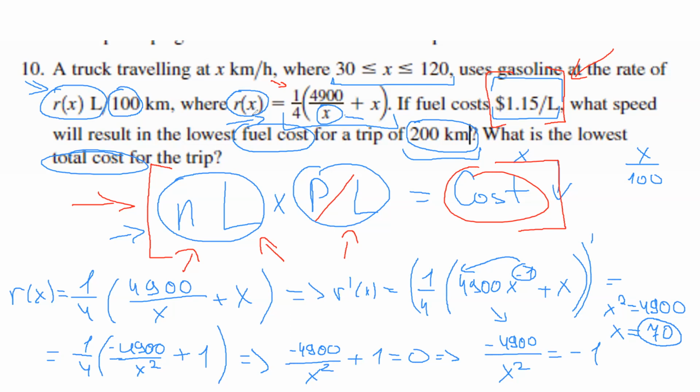You just need to write that the number of liters you're going to spend for 200 kilometers equals 2 times R of x. And then you solve it, right? Okay, yeah, I got it. I understand, this equals the number of liters that we spent for the trip. Any more questions?